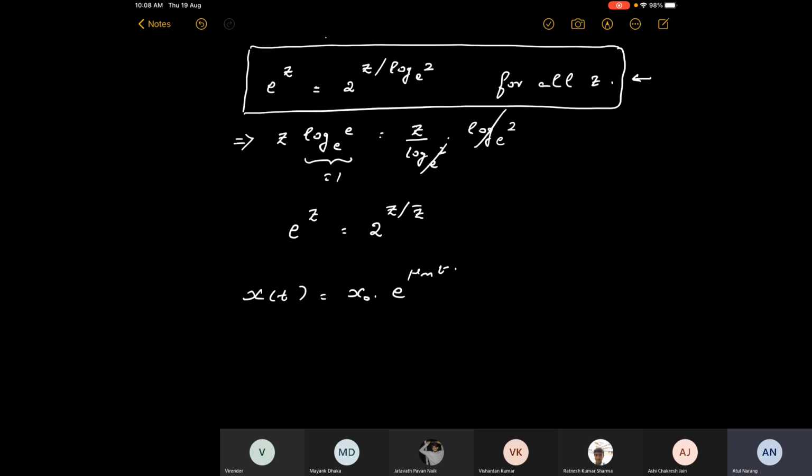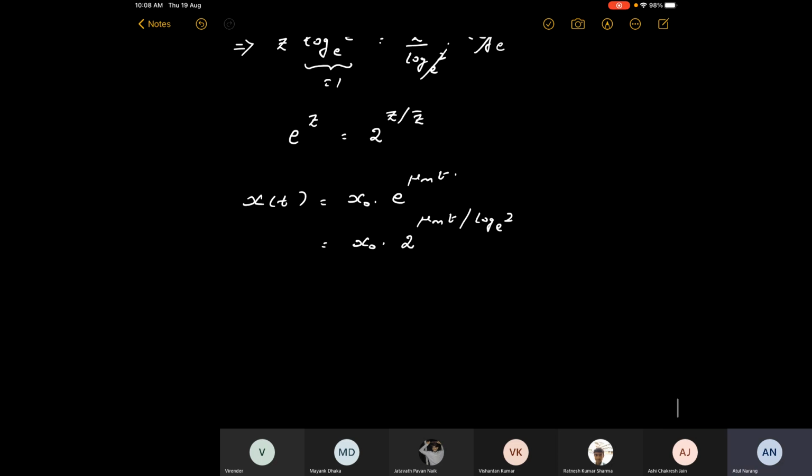But from this relationship above, we can write this as x equals x0 times 2 to the power mu m t divided by log of 2 to the base e, which I can write as x0 times 2 to the power t divided by this quantity td, which is called the doubling time.